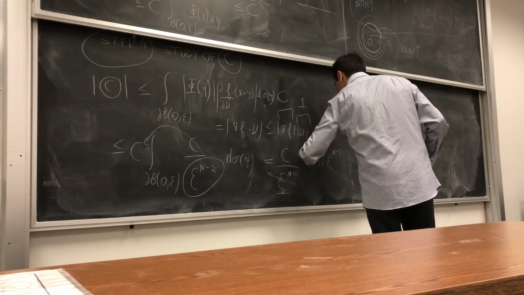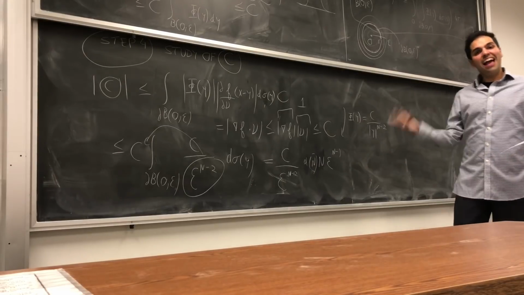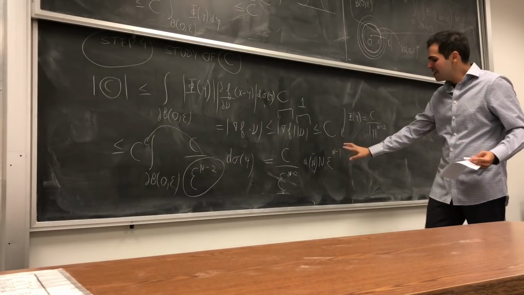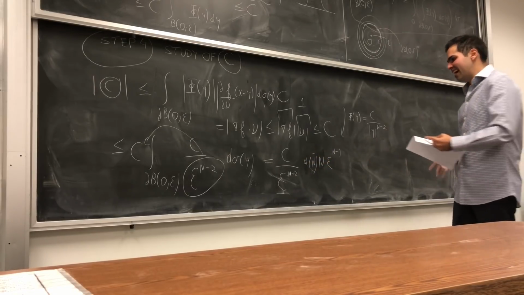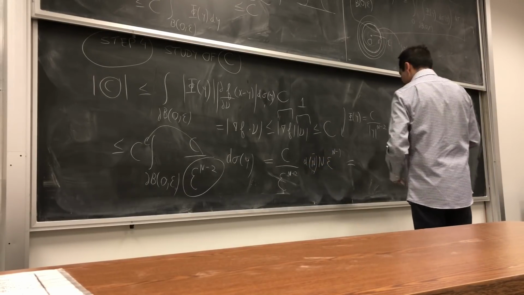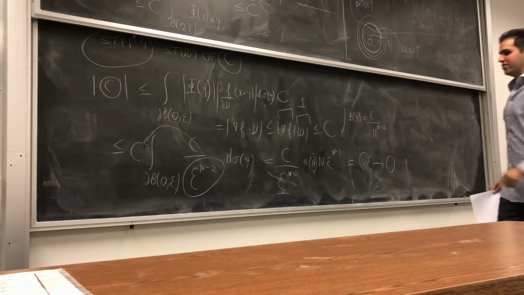Maybe let's write alpha n times epsilon to the n minus 1. And just as before, there's this miracle where the exponents precisely balance out so that in the end, you just get a constant times epsilon, which goes to 0.